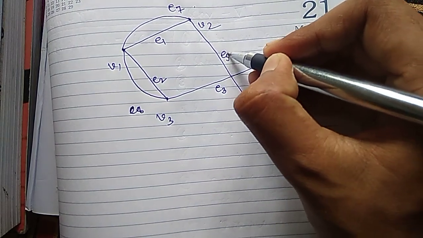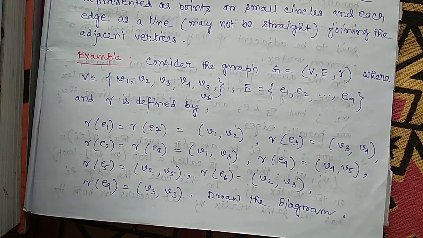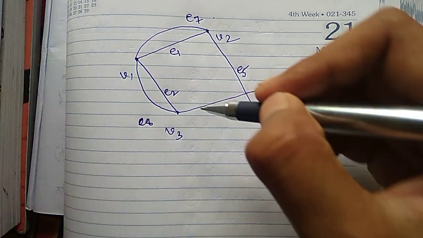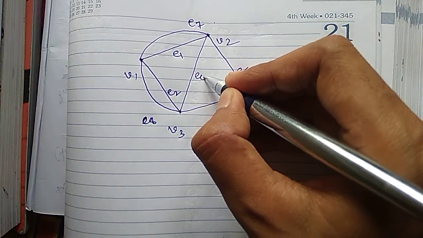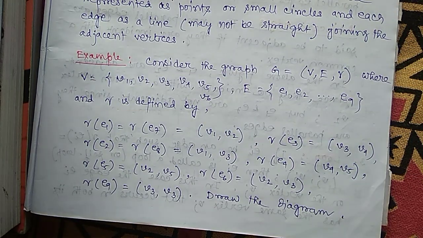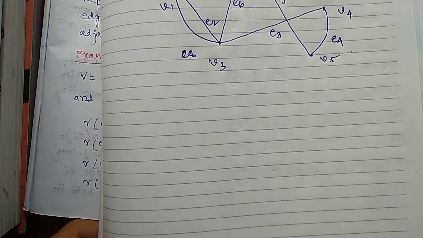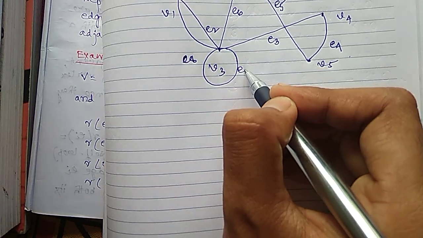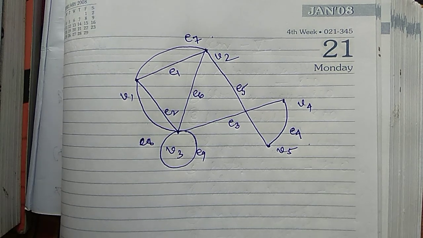This is e5. e6 is in between v2 and v3, v2 and v3, this is e6. And finally e9 is in between v3 and v3. This is our e9. So this is the final diagram.